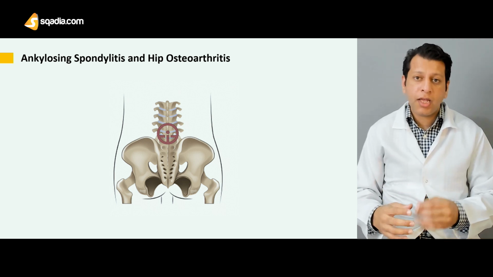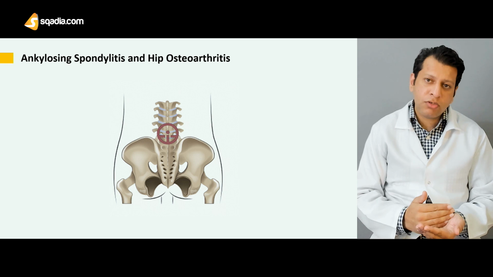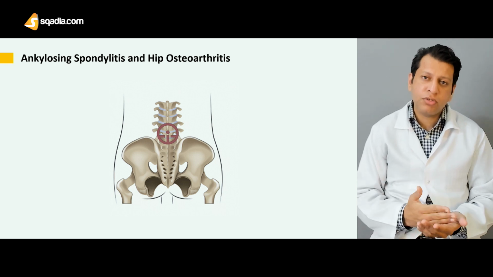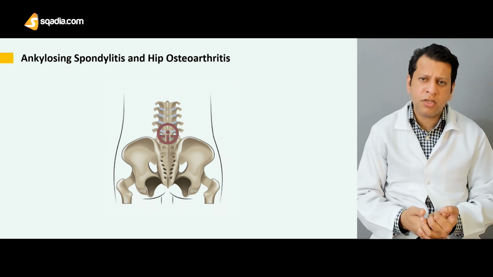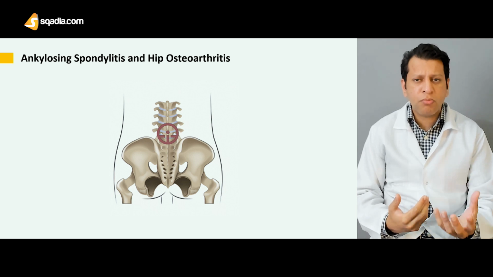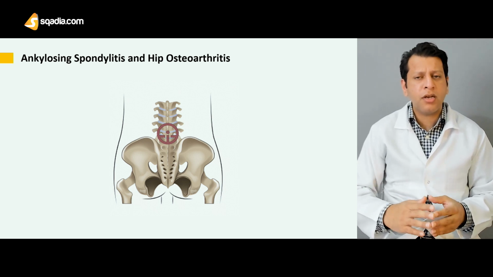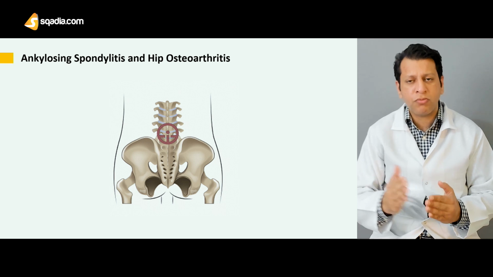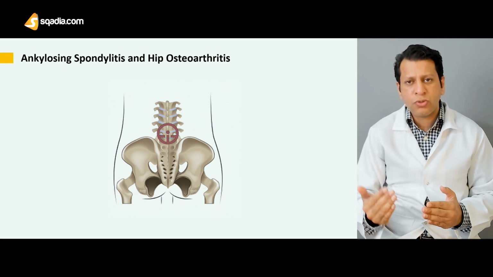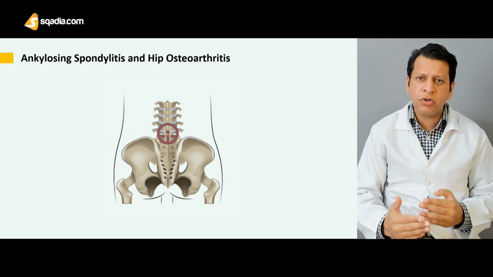But in our case, there was actually no history of trauma towards the back. Although she was having previous back pains, the problem was mainly towards the hip joint, and from the hip joint it was radiating towards the groin. It was not the back pain which was radiating towards the hip joint.